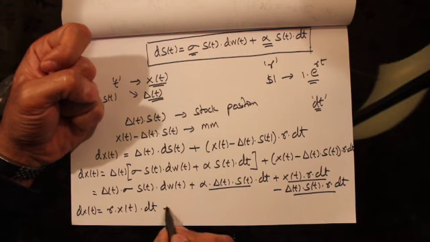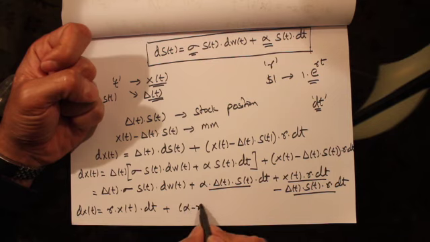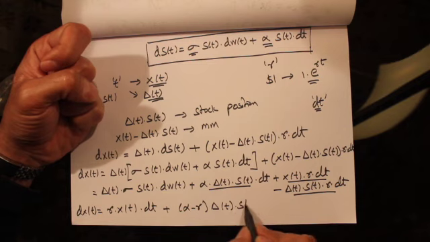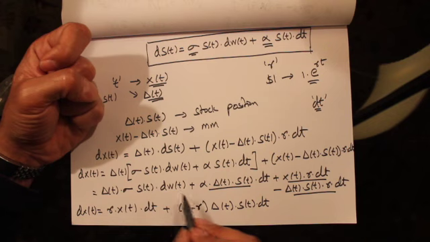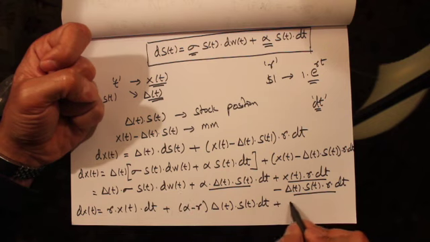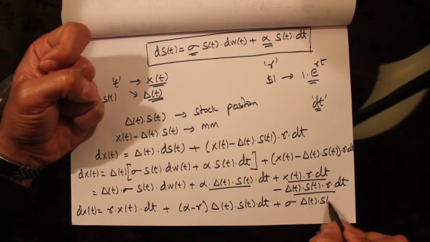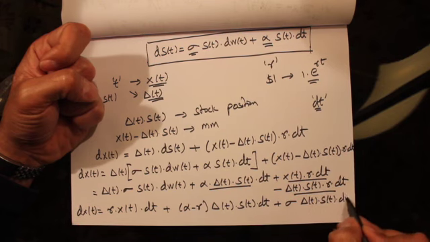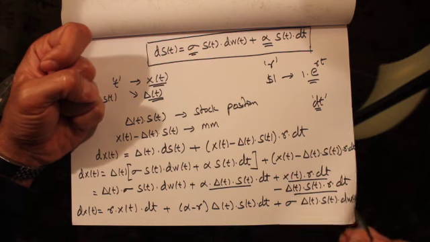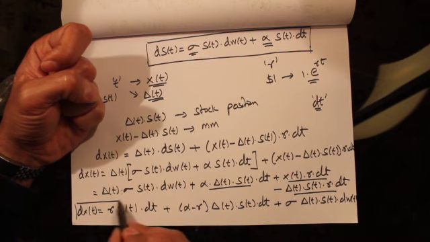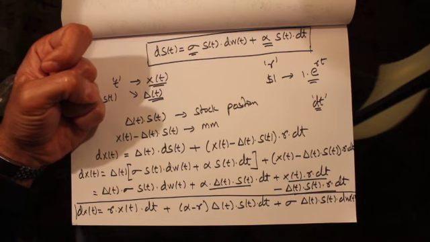If you combine these two terms, that can be written as (α − r)Δ(t)S(t)dt. Okay, and now we're left with this term, so let's write that down: σΔ(t)S(t)dW(t).